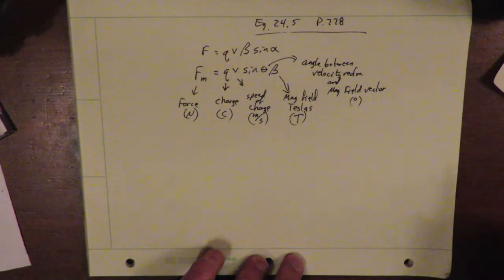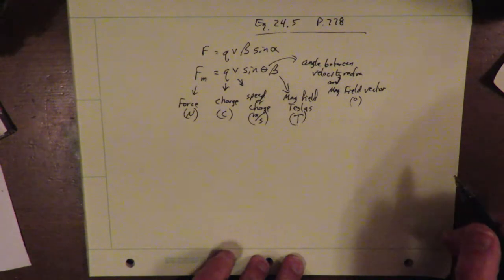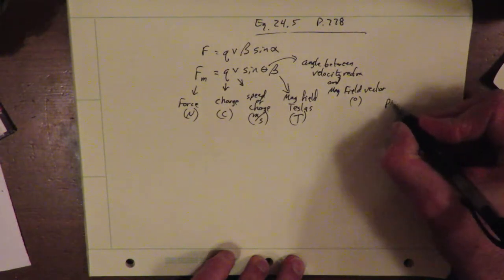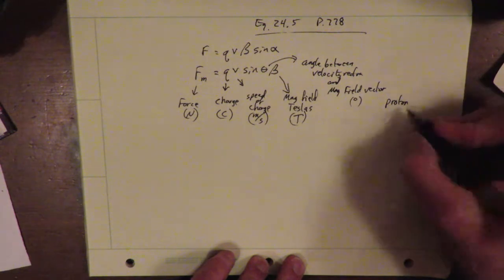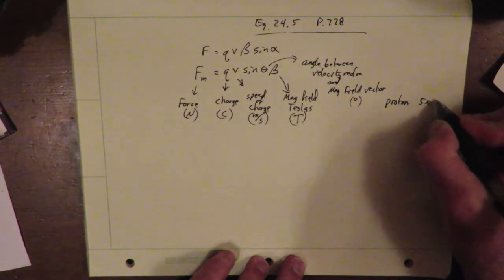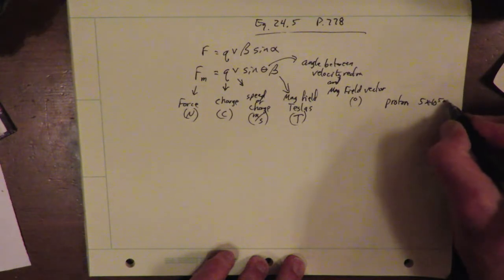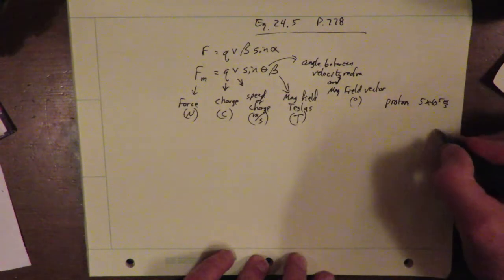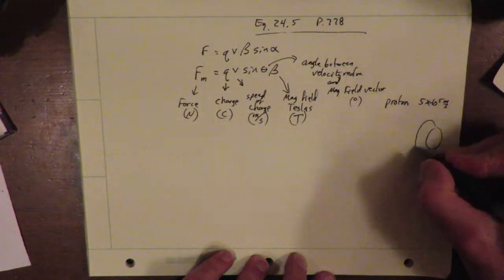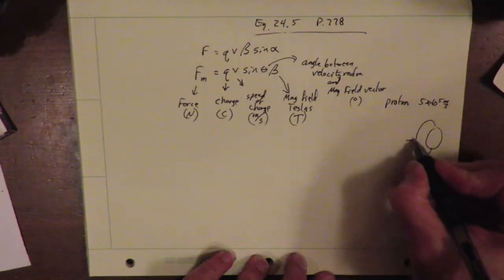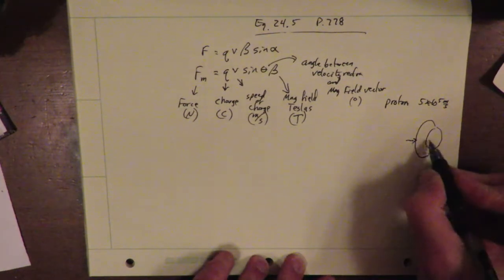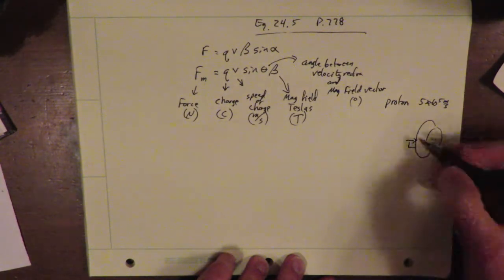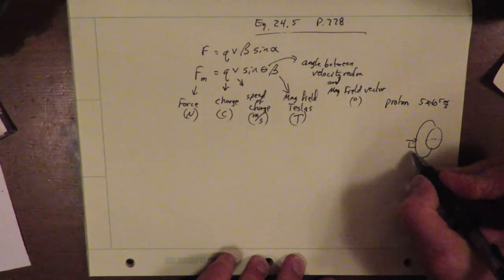Okay. Now, suppose we have a proton that is being expelled from the sun. So it's going to be a proton in the solar wind, and we're going to say that it's going 5 times 10 to the 5th meters per second. And we're going to say that it encounters the Earth. Here's the Earth, and there are magnetic field lines coming out like this. Our proton hits right at the equator, so that the angle between the velocity of the proton and the magnetic field line is 90 degrees.